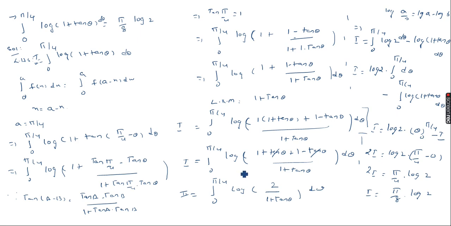We get 2I is equal to log 2 into upper limit minus lower limit, that is pi by 4 minus 0, which is pi by 4. So 2I is equal to pi by 4 into log 2. From that, I is equal to pi by 8 into log 2, which is the RHS. Therefore we prove that the integral from 0 to pi by 4 of log of 1 plus tan theta d theta is equal to pi by 8 into log 2.